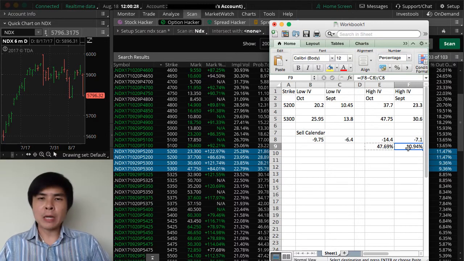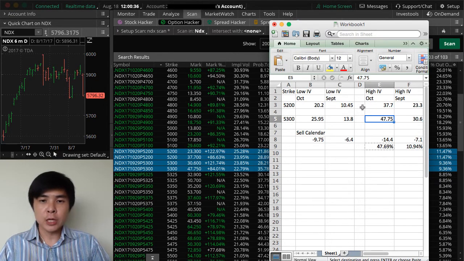You might be asking me, why is this so? Why is it that because of an IV spike, my price went up so much? That is because for out of the money options, the IV spike increases and affects the mark price of your option.